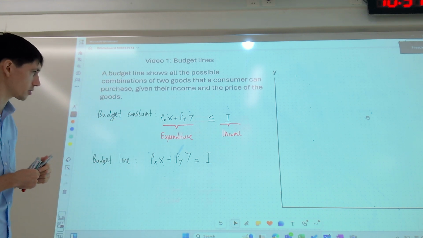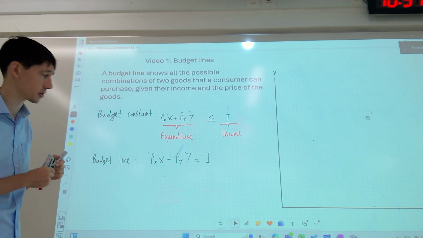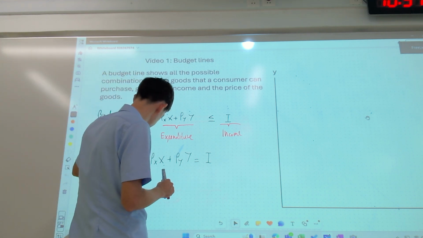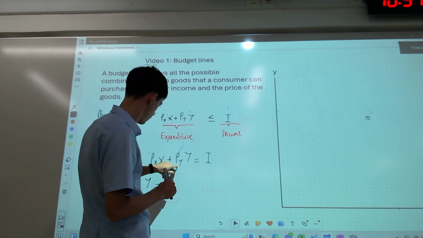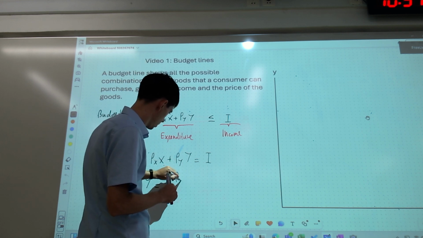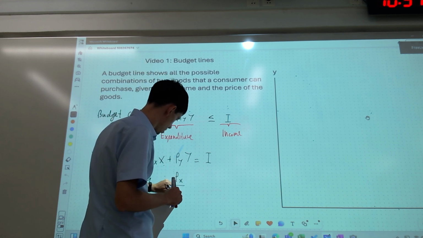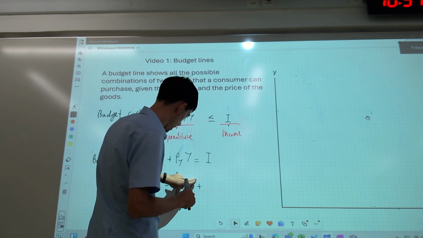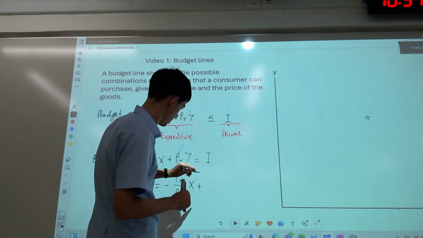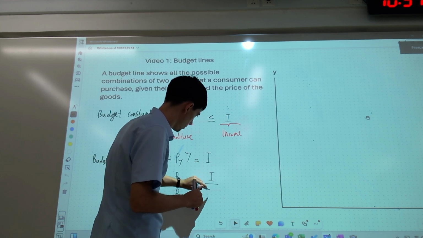You can do a bit of algebra here. You can rearrange this and you can write the following. You can write that Y will be equal to negative Px over Py times X plus I over Py.